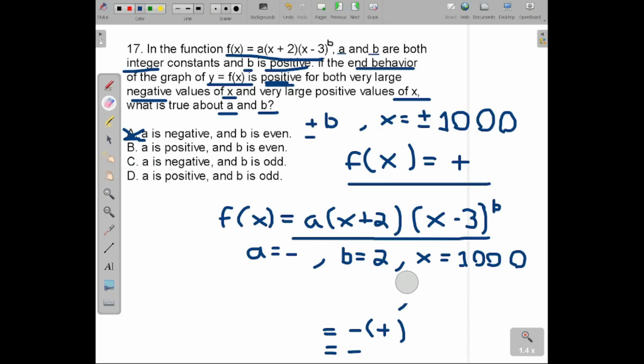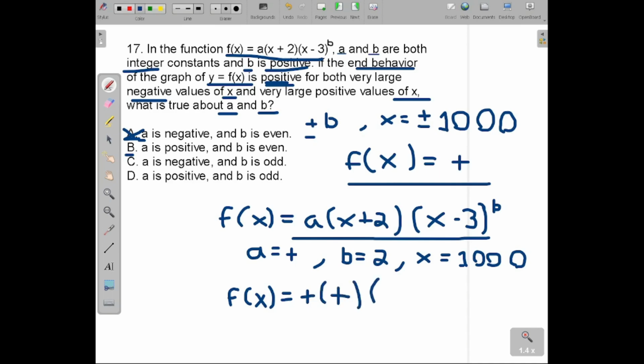So let's try with option B. For B, A is positive and B is even. Let's see. So in this function A is positive. X is 1000 plus 2, 1002 is positive. 1000 minus 3 is 997, which is positive.